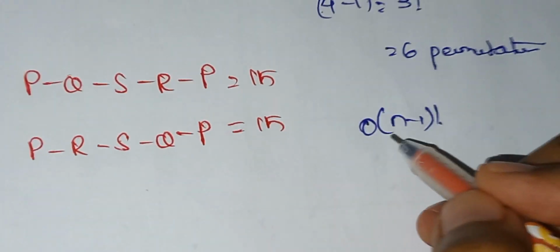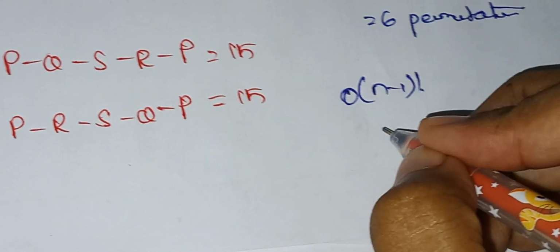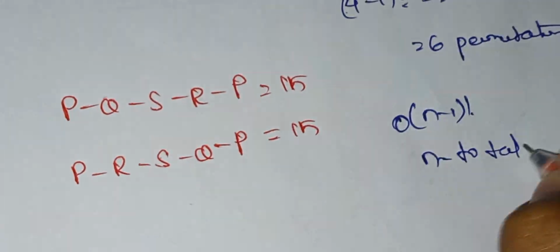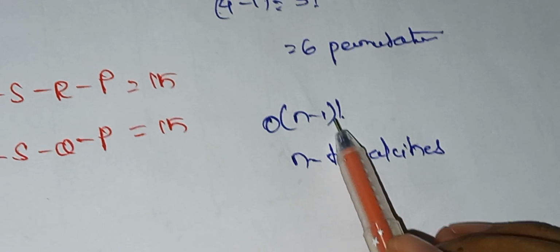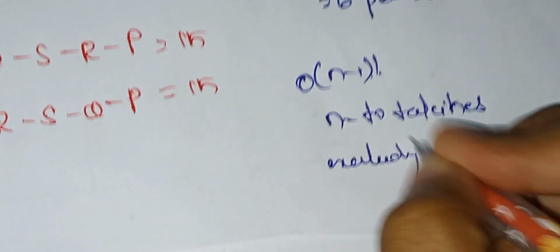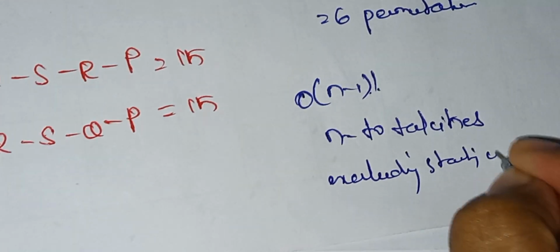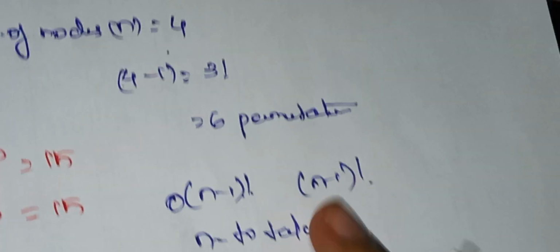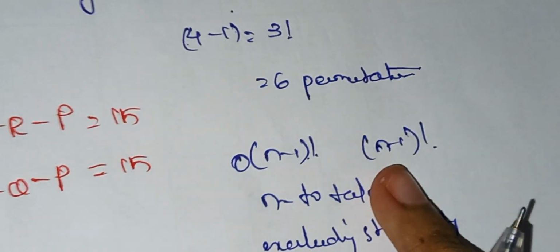I am taking the total number of cities as n. N represents total cities, and minus 1 is because I am excluding the starting city. Therefore the time complexity is n minus 1 factorial.